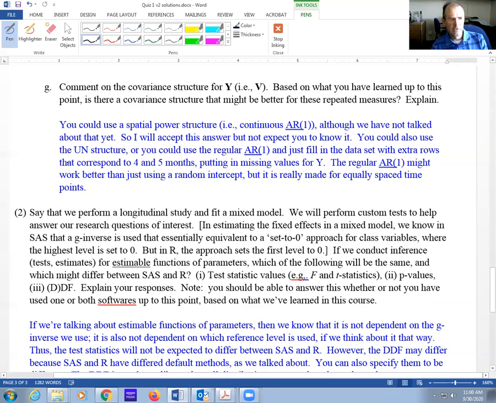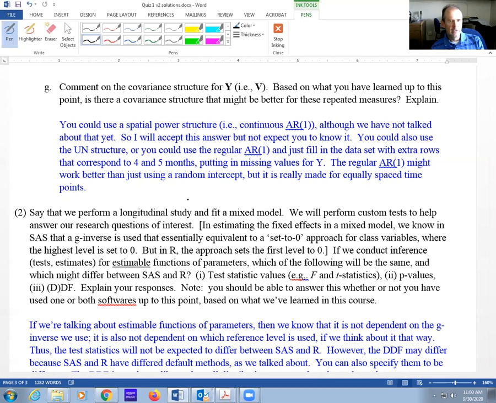But if for some reason you had the unstructured in mind, which we talked about more up to this point, either one of those is fine. And then you could use AR1 with that trick about adding rows to the data. Any of those are reasonable responses, but I would try to handle the unequal spacing and not just assume that the regular AR1 would work in this case.